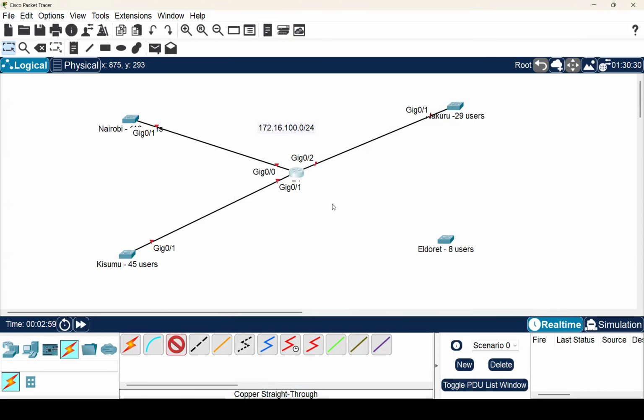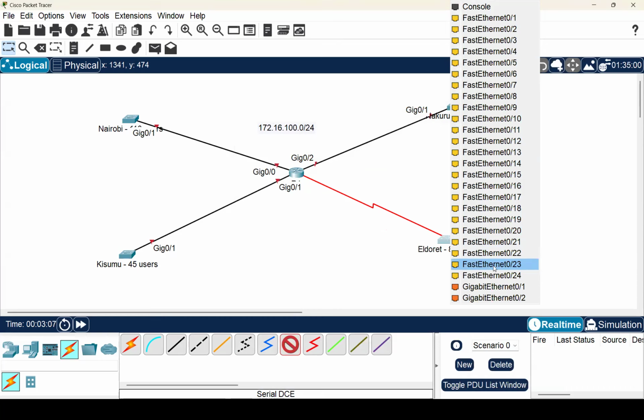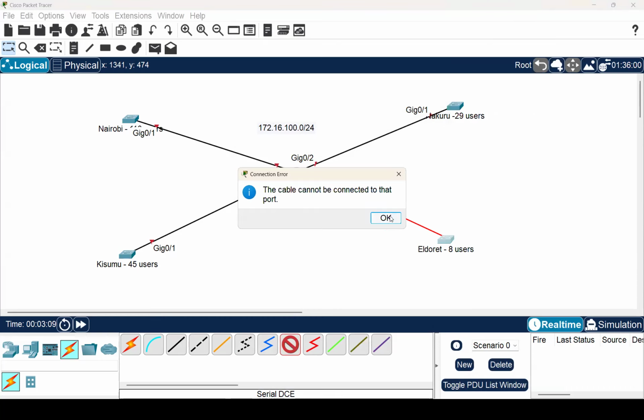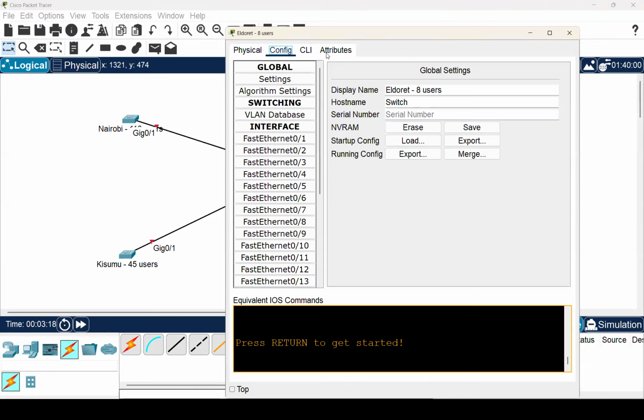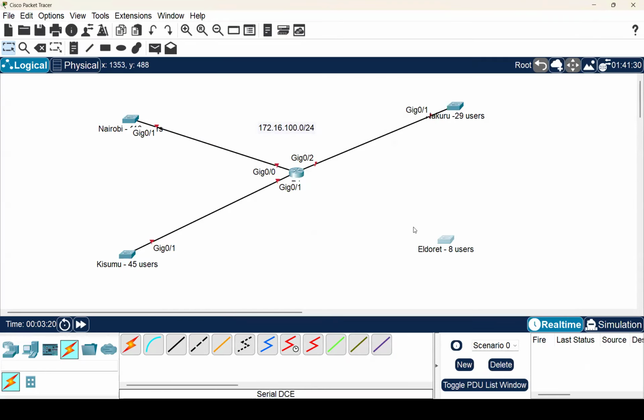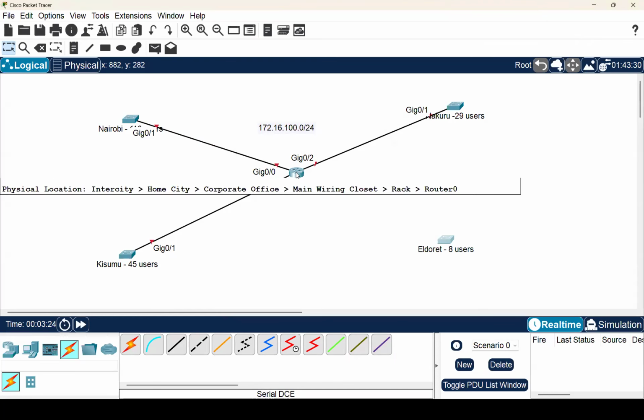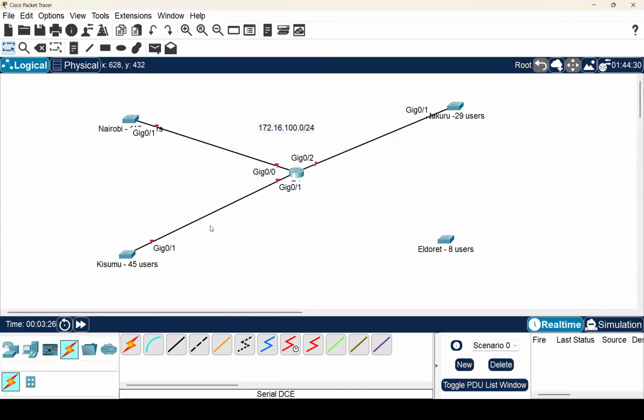So serial 0/0. This other guy also needs a serial interface. Okay, I'll connect this one. We needed to have more than the number of interfaces we have there. But we will sort that out later.